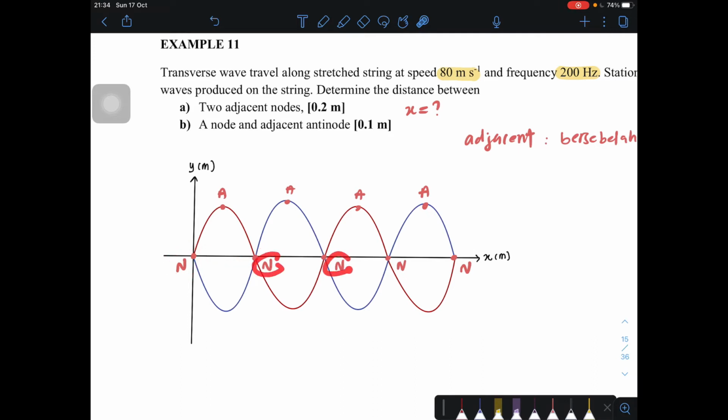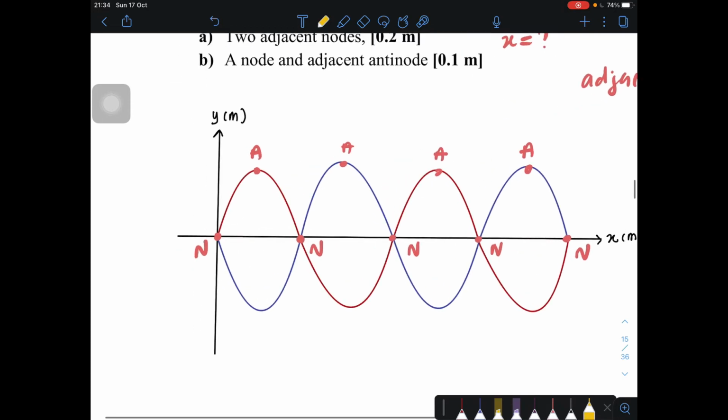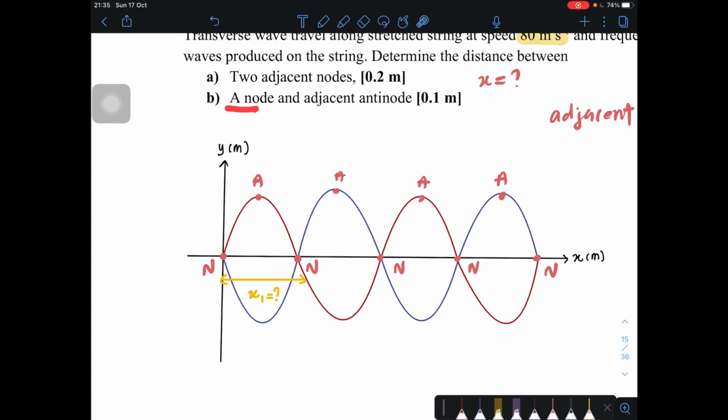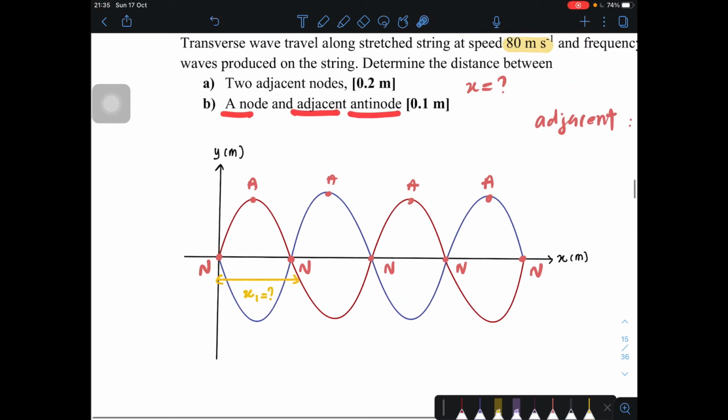Ataupun daripada sini ke sini. Okay, dia adalah benda yang sama, value yang sama sahaja. So kita label lah. Kita ambil yang 2 di depan. So from here to here is what we want, which is the value for let's say x1 lah. And then a node and adjacent antinode.